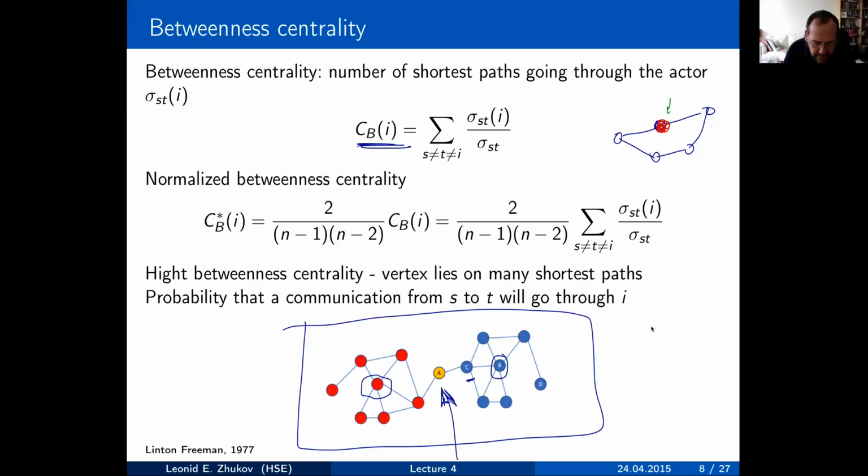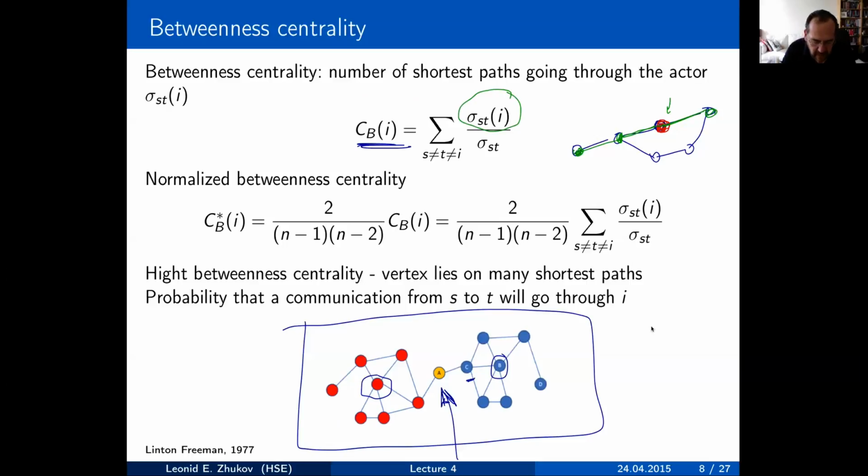Let me add another node here. We take this node and calculate the shortest path from this node to this guy, which is distance 1. We calculate the shortest path from this node to this node, distance 3, and so on. So that is this number, the total number of shortest paths.